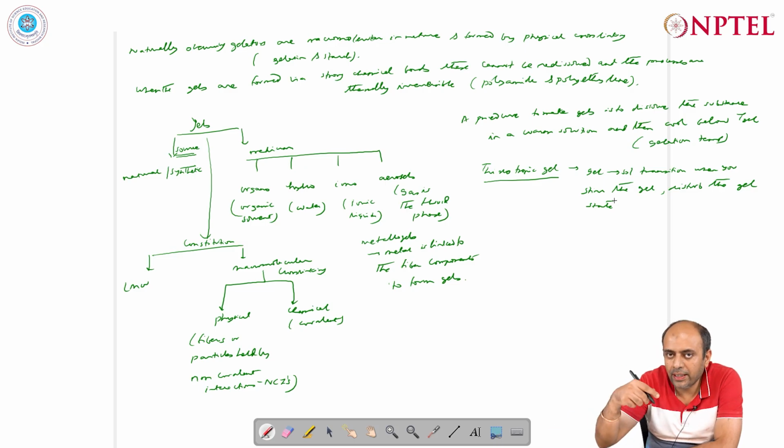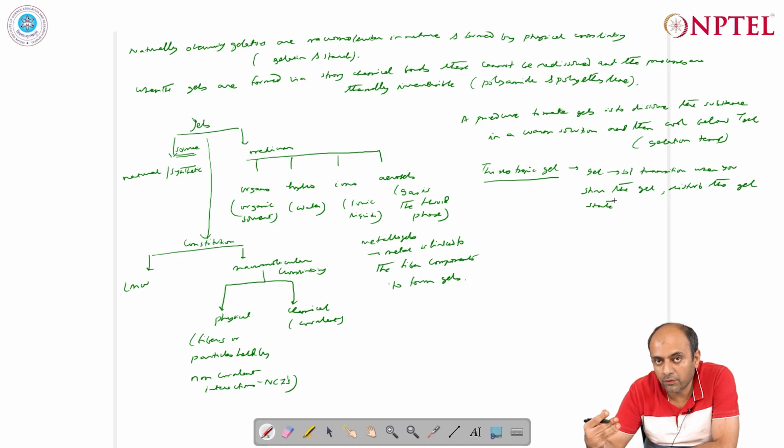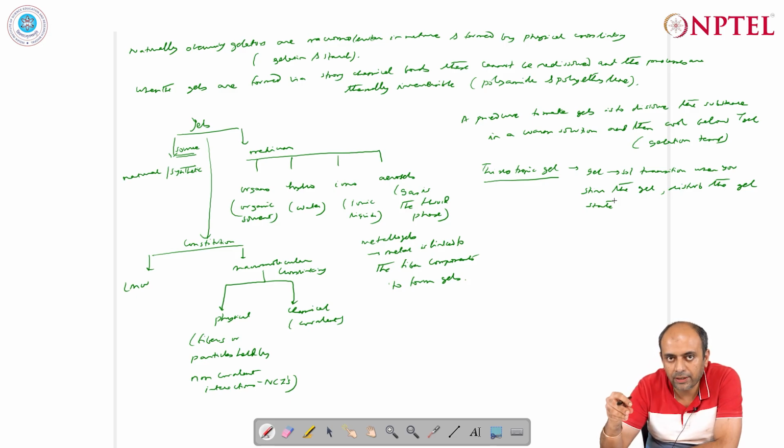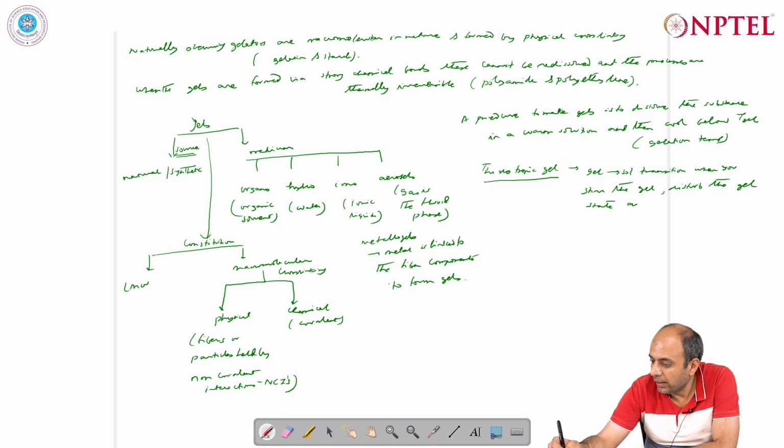So, you apply mechanical agitation to the gel substance, it undergoes a conversion into the sol state, and when you either stir the gel or shake the gel or disturb the gel or give it some mechanical activation, and the moment you withdraw the external stimuli, it resets itself to the initial state and reverses back to the gel state when the stimuli is removed.